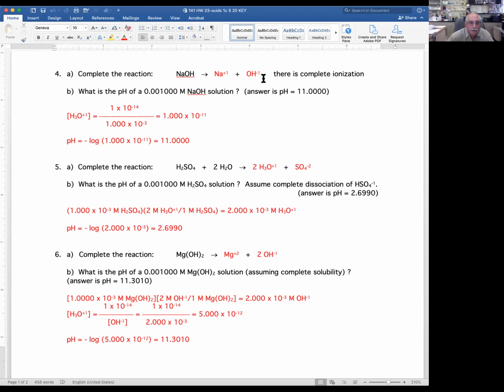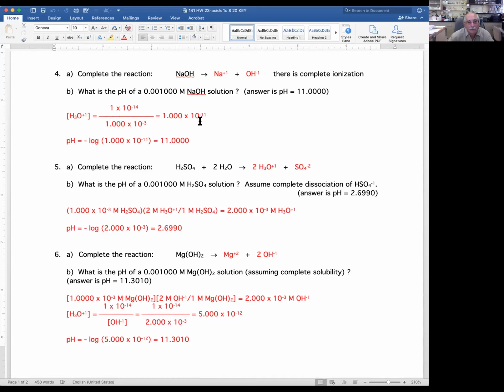So that means that hydroxide ion concentration is 0.001. What would be the hydronium ion concentration? Here I'm using Kw to calculate the hydronium ion concentration.